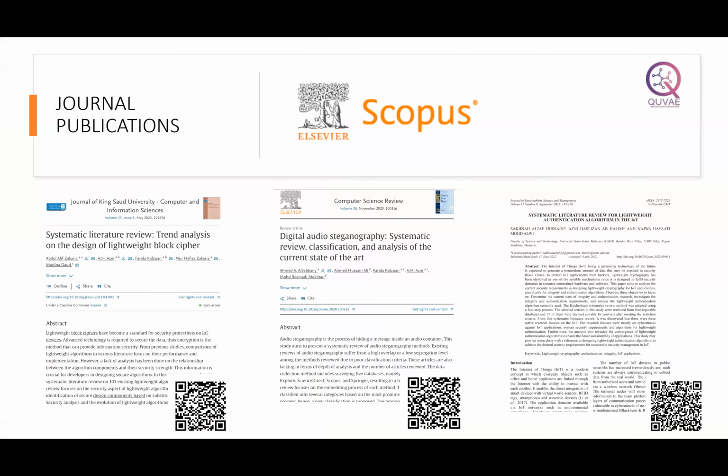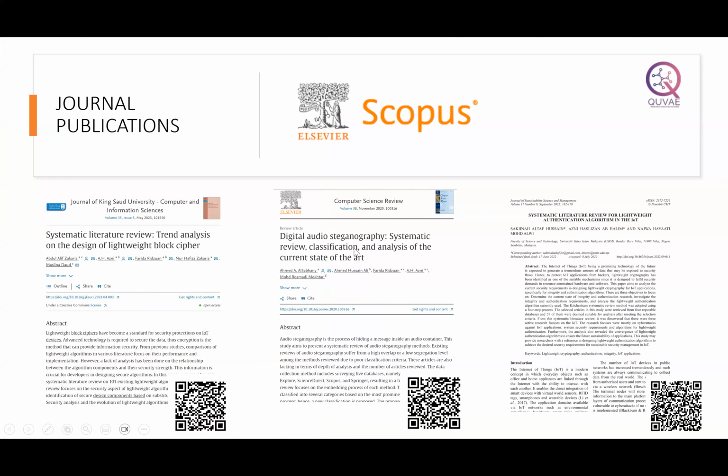Okay, so I would like to share the journals that I am incredibly proud to be part of. These are journals with a systematic literature review topic that were published in Web of Science and Scopus. The first one, systematic literature review trend analysis on the design of lightweight block cipher, digital audio.